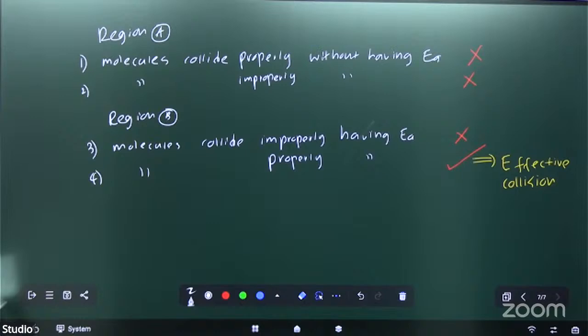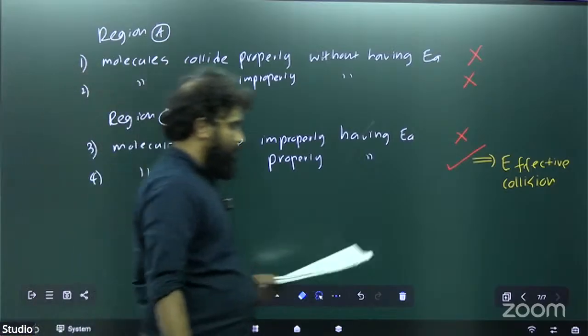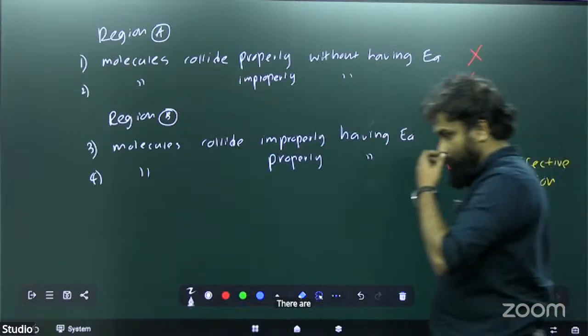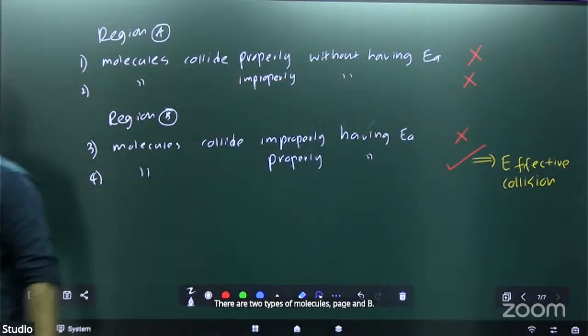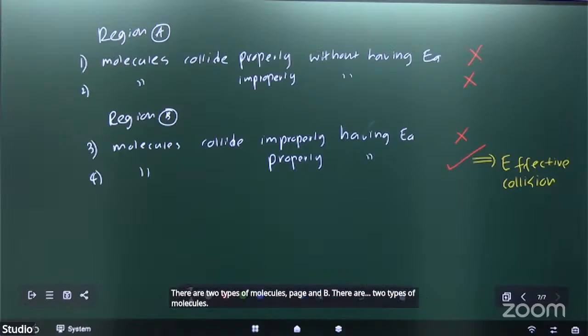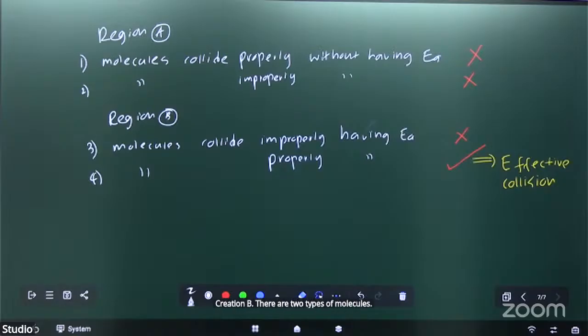Then write down next. Region B, there are two types of molecules.